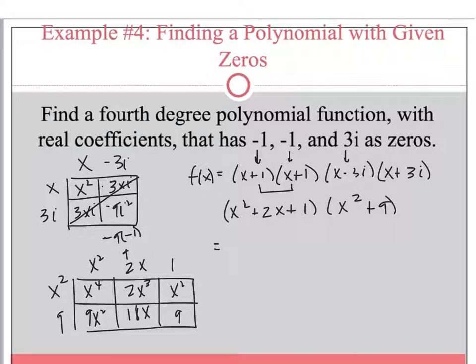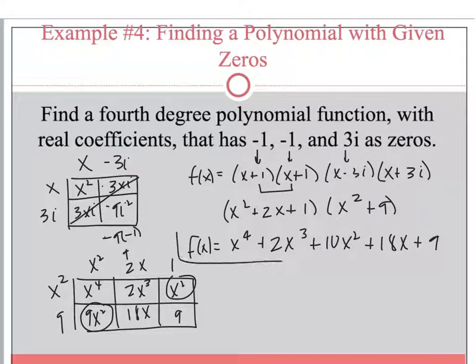In the end, our answer will be x to the fourth plus 2x cubed. We have a 9x squared and an x squared, so that's going to make plus 10x squared, plus 18x plus 9. And that's our fourth degree polynomial. And we are done. Let's take a look at our next problem.